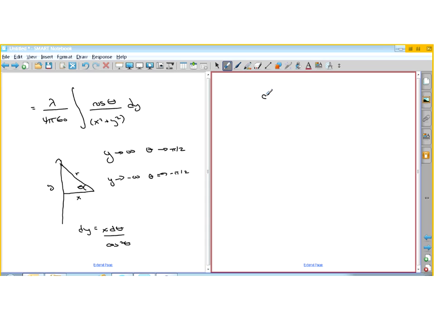The cosine of theta is equal to the adjacent over the hypotenuse. And r in terms of x and y is the square root of x squared plus y squared. If we square both of these, we get the cosine squared of theta is equal to x squared over x squared plus y squared. Therefore, x squared plus y squared is equal to x squared divided by the cosine squared of theta.